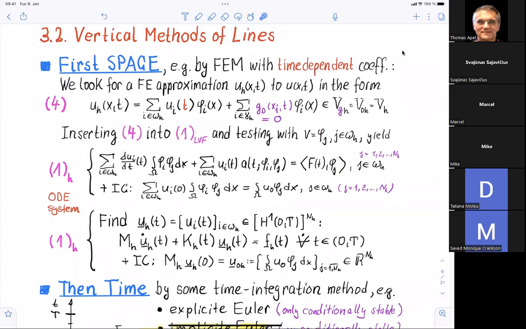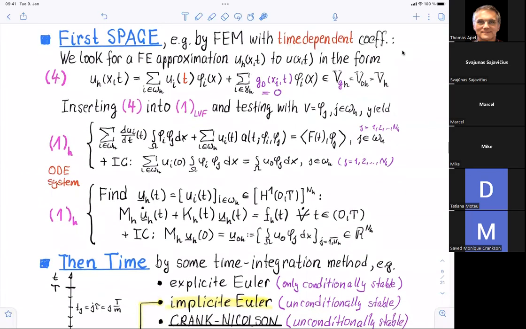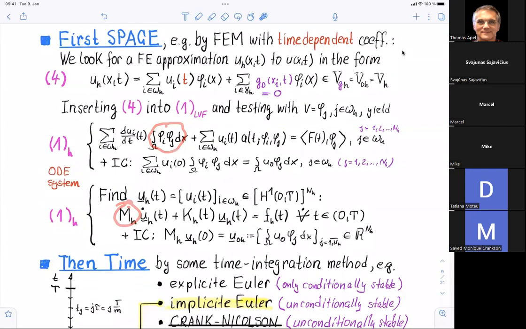This gives the mass matrix here. This is now the vector with all coefficients. The dot here means the time derivative. This is the stiffness matrix here. And for the initial condition, you use the L2 projection of the given initial condition.